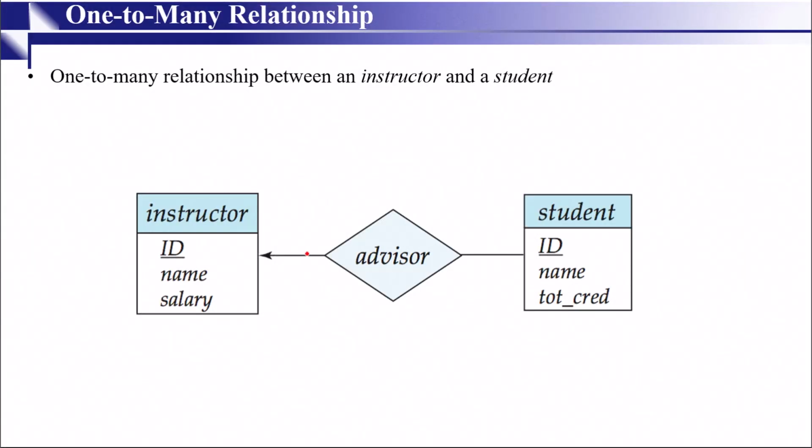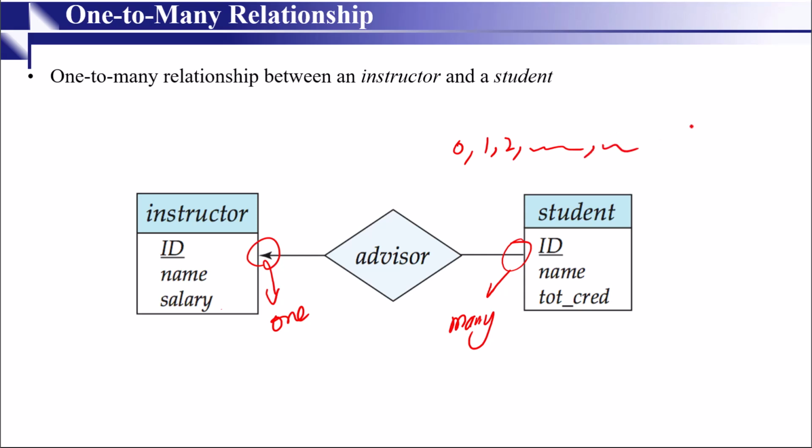Here we can see an example of one-to-many relationship, right? So this is for many and this is for one, right? So one-to-many relationship between instructor and student. And an instructor is associated with several. It can be 0, 1, 2, up to many, right?